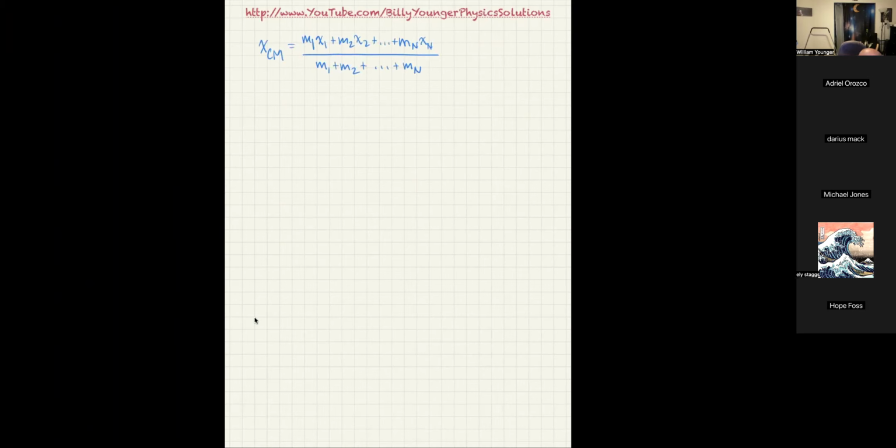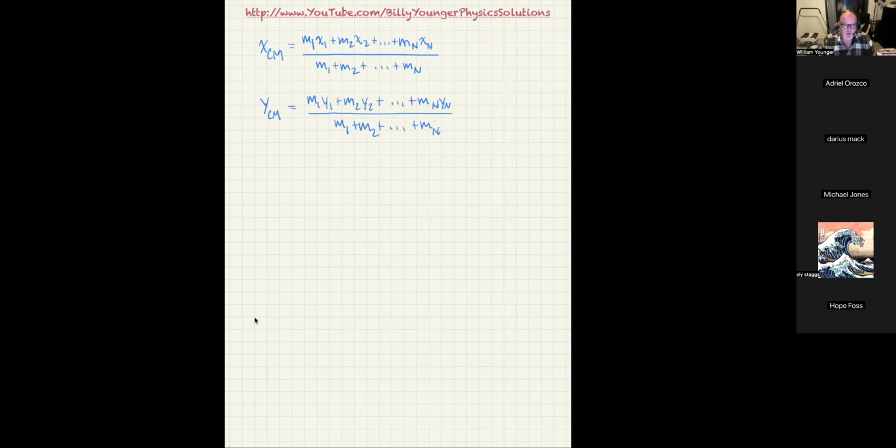That is the x center of mass, and there's a similar formula for the y center of mass, and that is m1 y1 plus m2 y2 plus dot dot dot plus mn yn divided by m1 plus m2 plus dot dot dot plus mn.